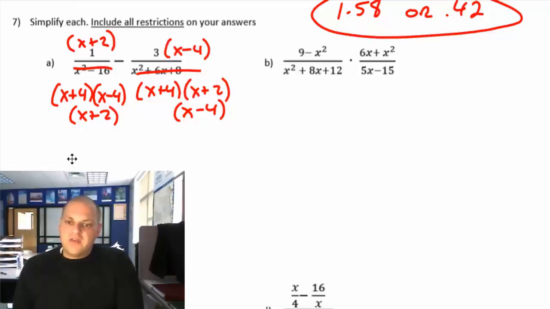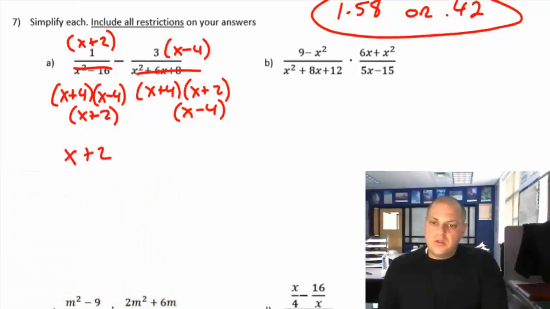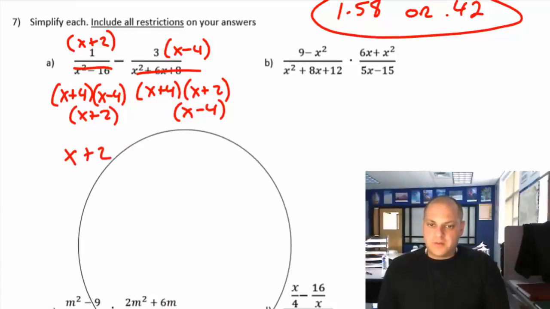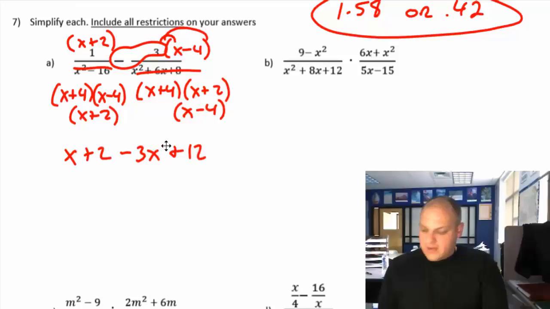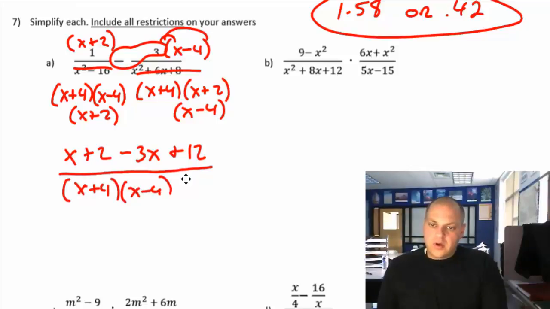All right, so I have x plus 2 minus x plus, oh, I'm sorry. Messing up here. X plus 2. Now look at this guy. This negative 3 here has to get distributed. So it's going to be minus 3x plus 12, over x plus 4, x minus 4, x plus 2. I better simplify this.